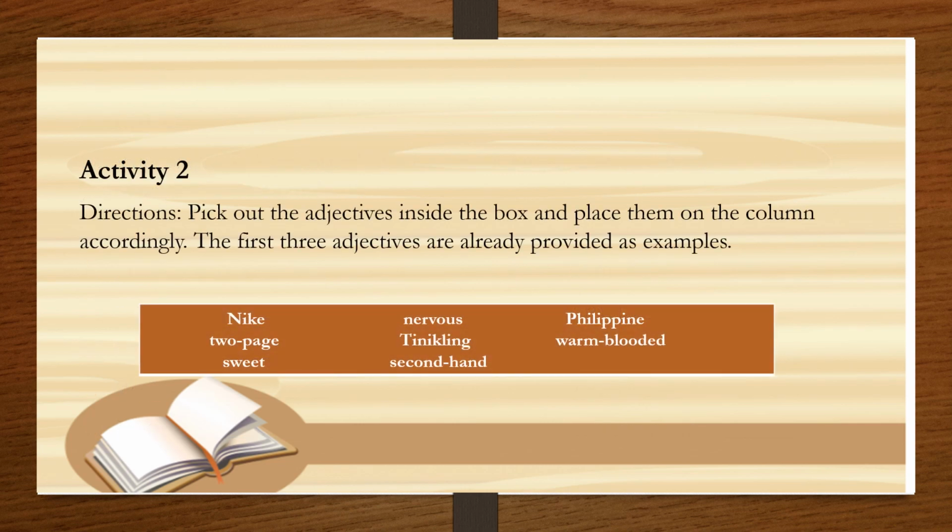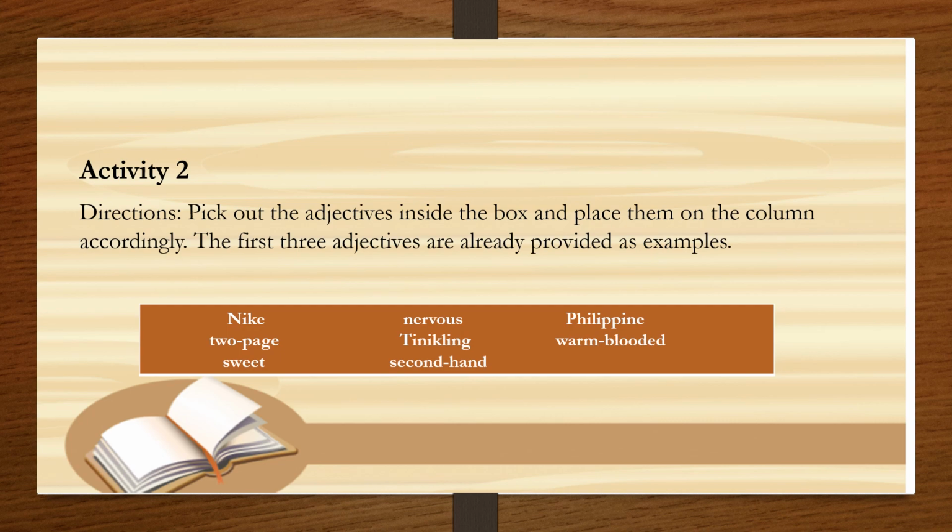For Activity 2, Directions, pick out the adjectives inside the box and place them on the column accordingly. The first 3 adjectives are already provided as examples. So we have words or adjectives in the box.